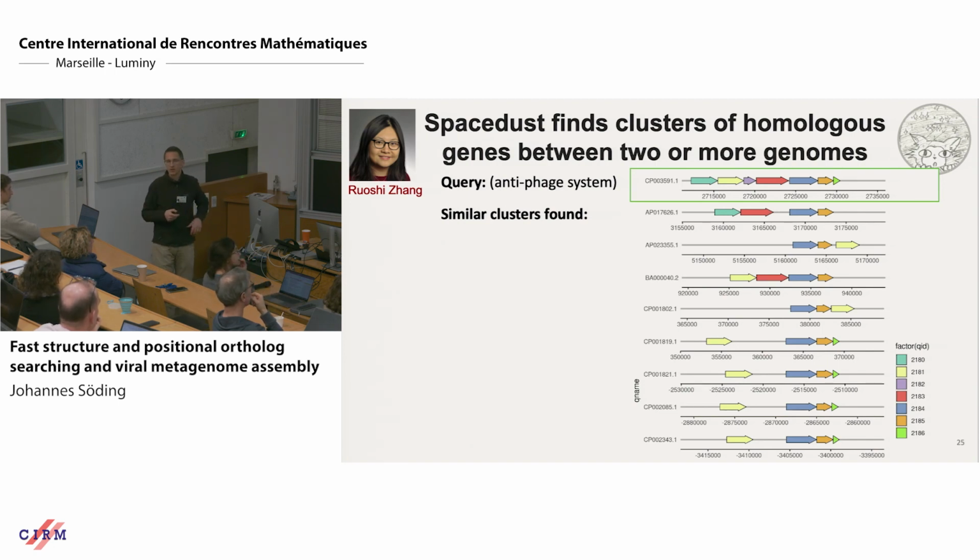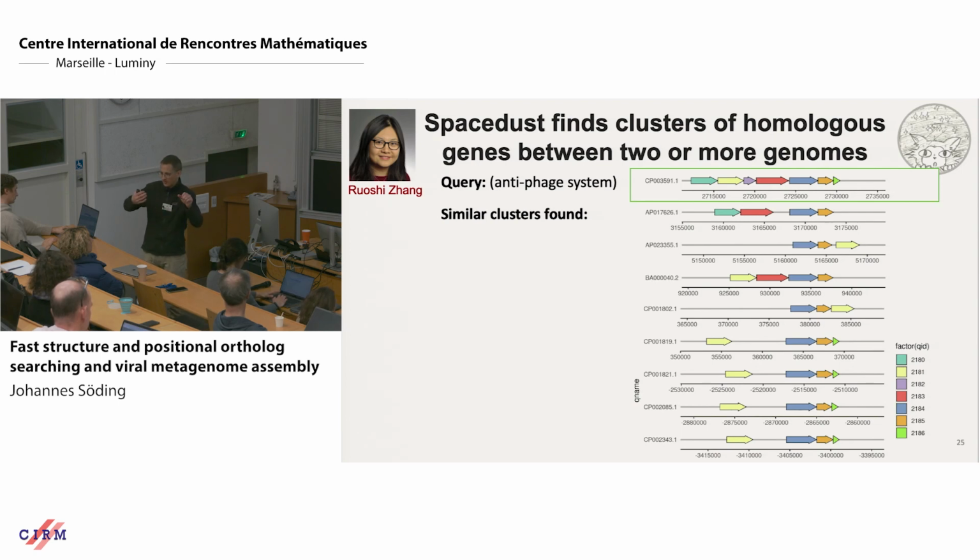So often proteins that work together with each other in some functional module have a conserved or partially conserved gene neighborhood. And you can see an example here of an antiphage system that consists of 6 or so genes. And you see that this is a result of the search of Roshi's tool that gives you similar clusters. And similar means it can be very widely varying.